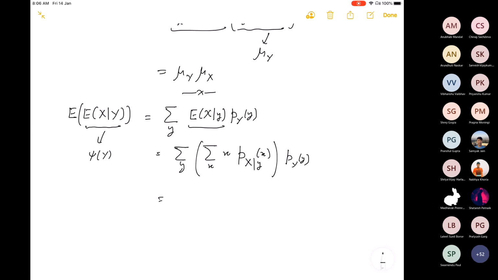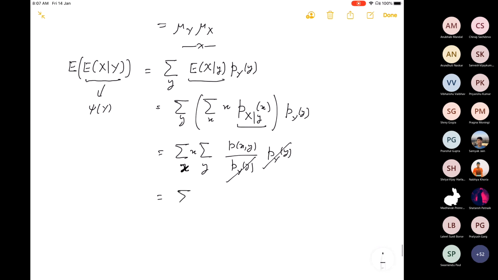So therefore this value will be the summation over y, summation over x, with x here, and this value is nothing but the joint over the marginal of y, into p y of y. Okay, this will cancel out.